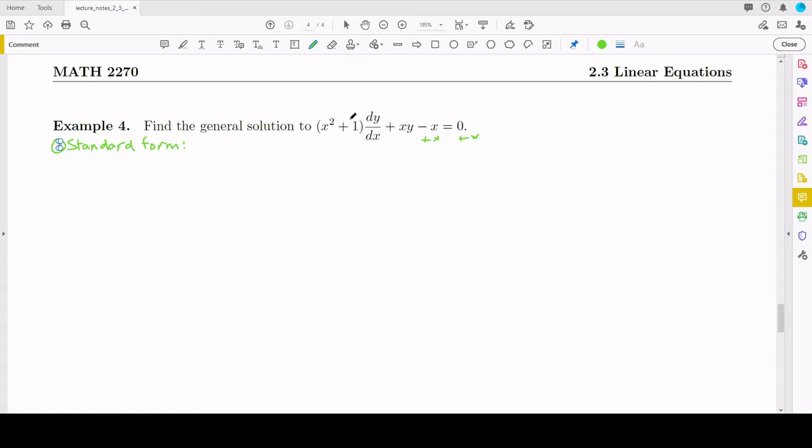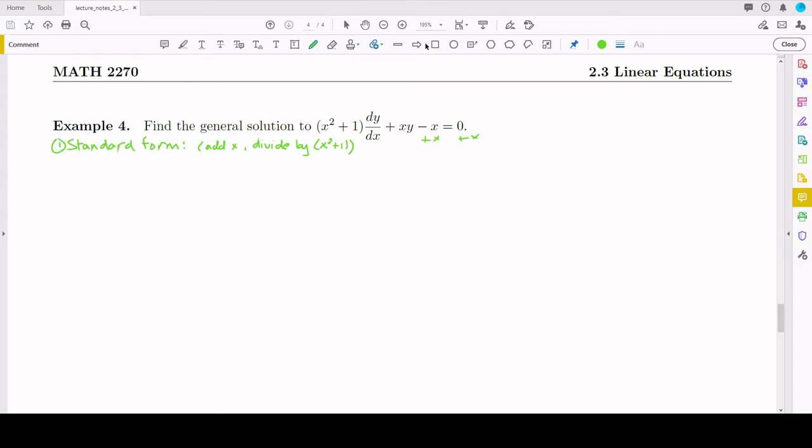And so we would divide both sides by x squared plus 1. So I'll write that down here. Add x and then divide by x squared plus 1.